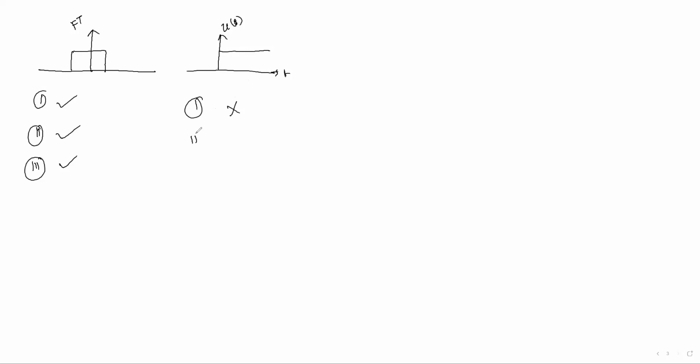What about the second condition, the number of discontinuities? They are finite. The discontinuity can be seen at the zero location, t equal to 0. That's why the second condition is satisfied. The third condition is also satisfied. That's why we are able to find the Fourier transform in this case.